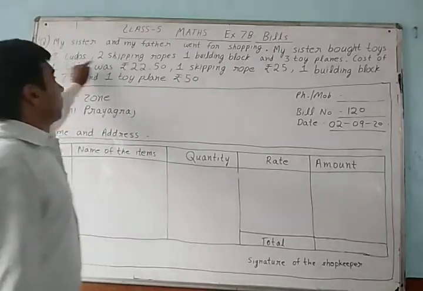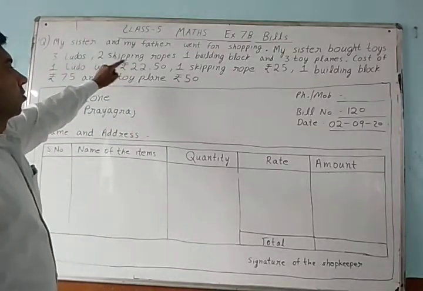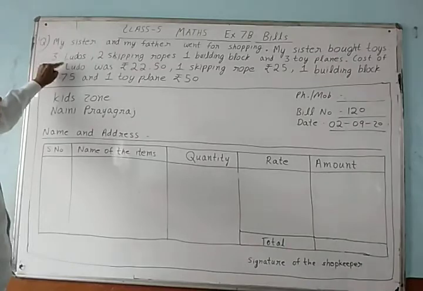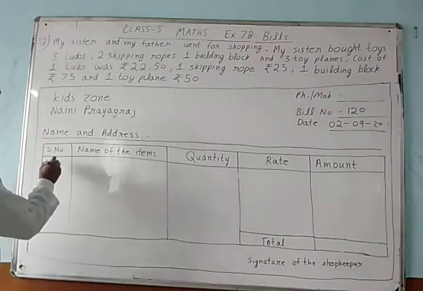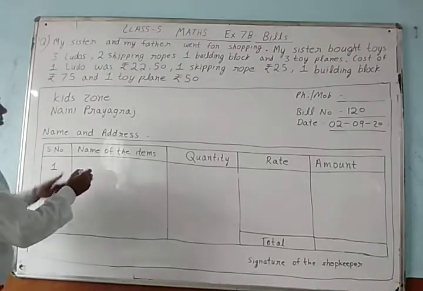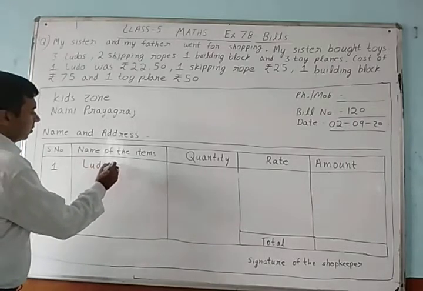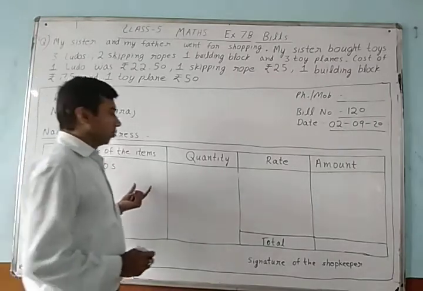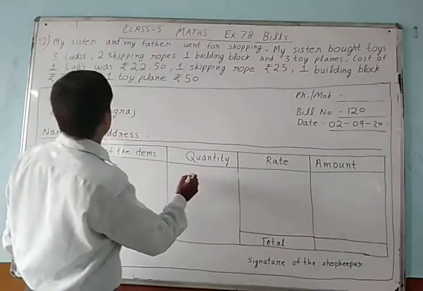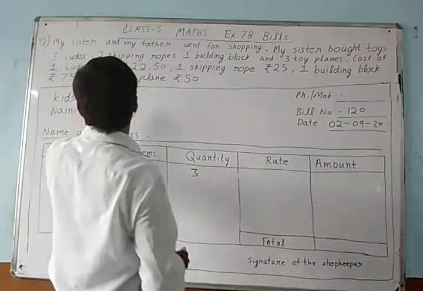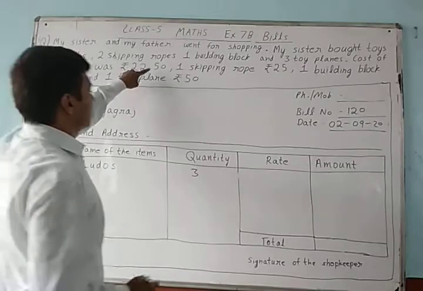So my sister got toys. What? 3 doodles. So students, first item, doodles. Quantity 3, and 1 doodle is 22.50.